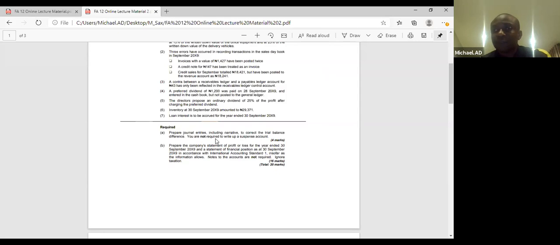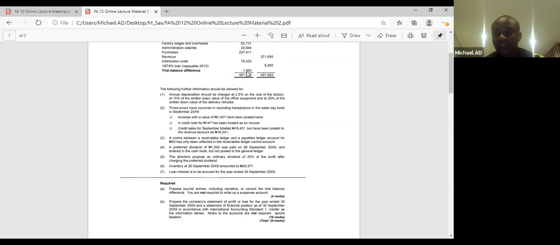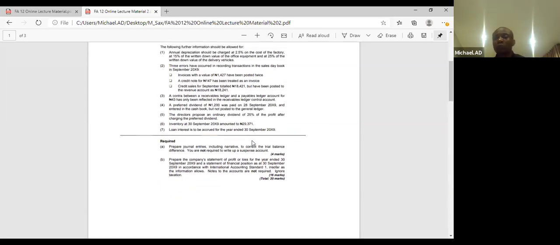If you look at the difference between these two, you will see that the difference is 180 naira, 18,421 minus 18,241. What happened here was that we've understated our revenue. Instead of saying that we made 18,421, we are saying we made 18,241. So how do we correct this? This is the reason why we are having differences in our trial balance in the first place. So we need to correct it. So then how do we correct it?